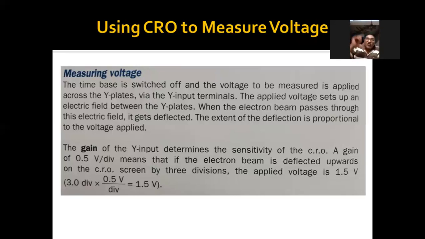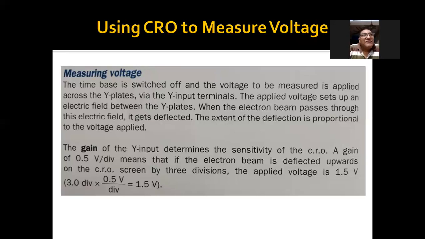You count how many squares, how many divisions it is above the mean position, and you multiply that number with the Y gain. You multiply it with the scale of the Y axis. You will get the voltage. This is how you measure the voltage from the screen of the CRO.